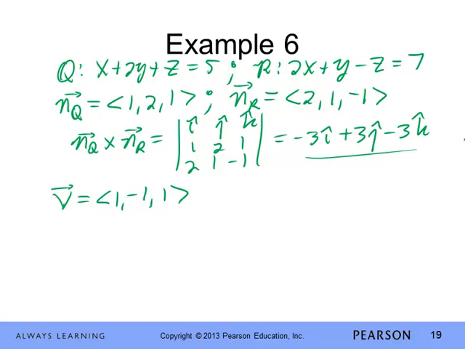We need a point, some point in the intersection. The technique that is usually suggested is to set one of the variables equal to 0 in both equations, for example, z.